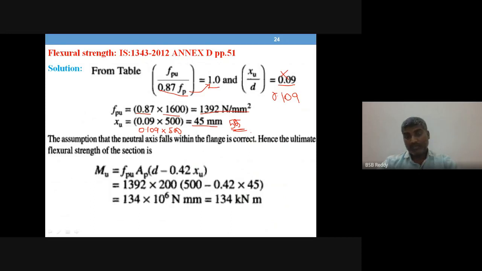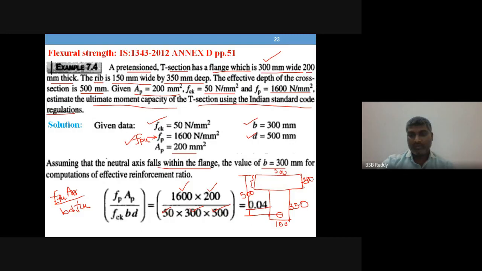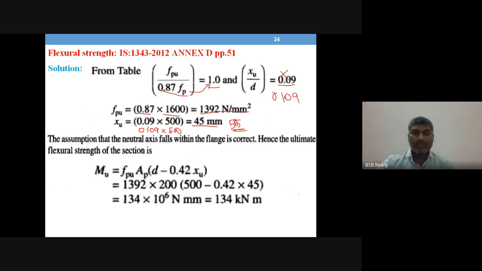So XU is 55 mm from top, and the flange is 300 wide, 200 thick. So the neutral axis position is around 55 mm from top. Only if it is more than 200 will it fall in the web. So for the case being taken, the assumption that we have made is correct.